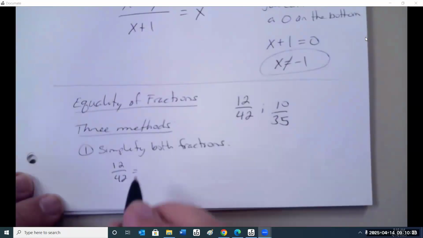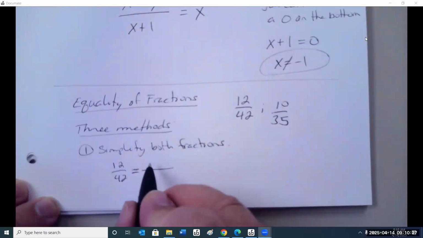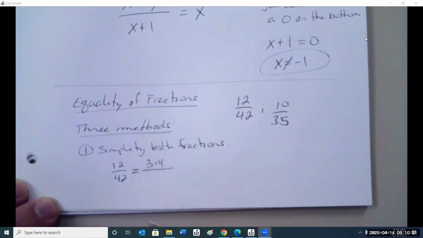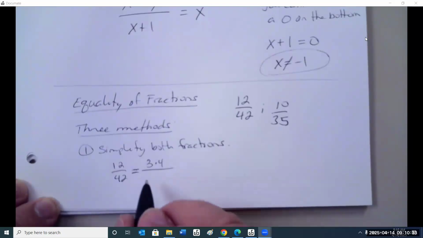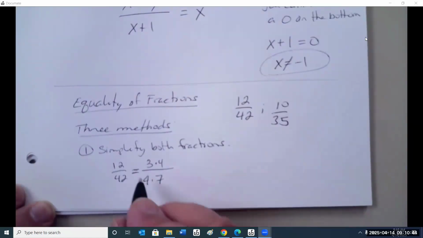Simplify that one. What is 12 made up of? What's 42 made up of? Four times 7 is 28. 6 times 7.